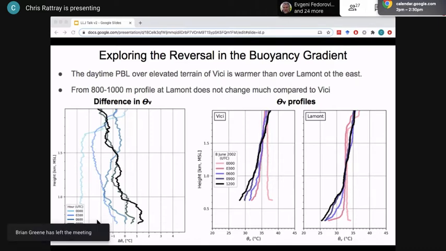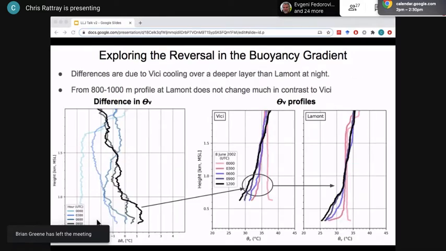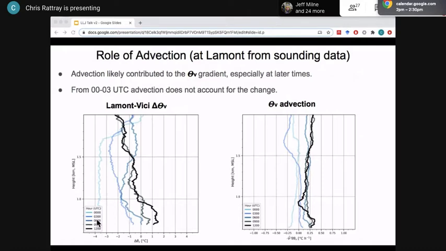From this, we can see that the theta V gradient reversal happens below 1 kilometer, and it begins at 0 to 3 UTC. And Visay is cooling over a deeper layer than at Lamont. So when we look at advection of theta V to try and explain this, we see that there is some weak advection taking place at the height of the southerly jet.